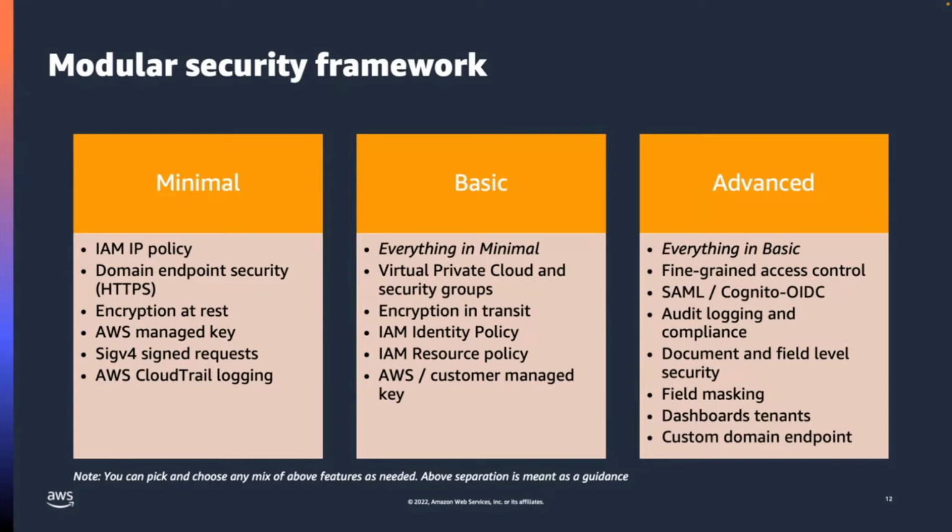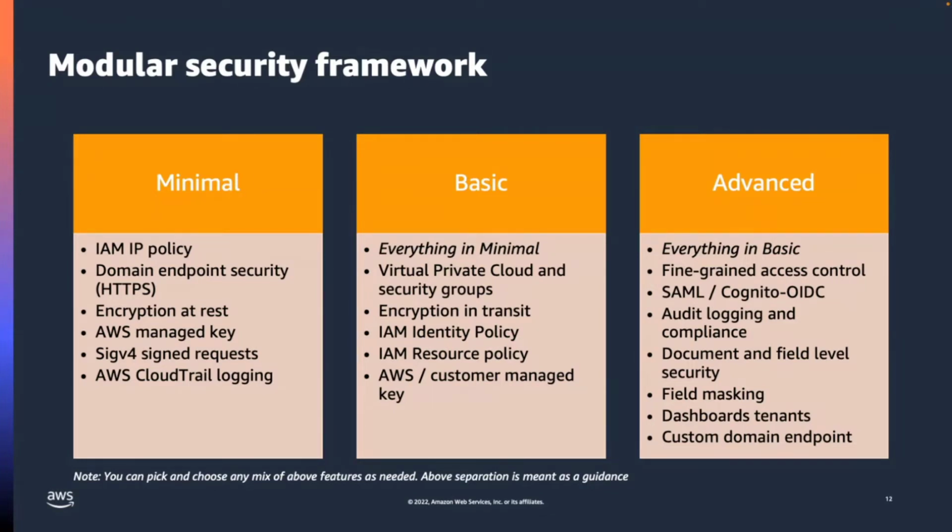So what I've done here is put some of these features in three buckets. This is purely guidance, and there are no such fixed buckets. You can mix and match features as needed for your organization. If we look at the leftmost bucket, which is the minimal security, you'll see features such as an IAM IP policy.